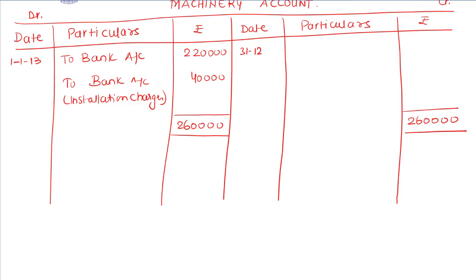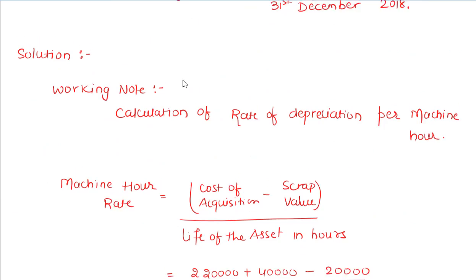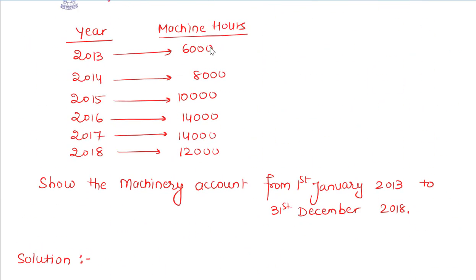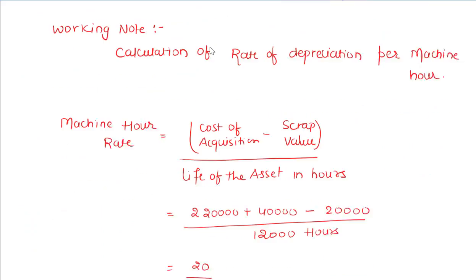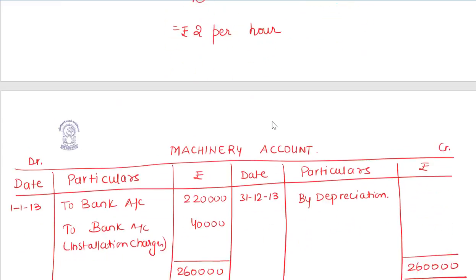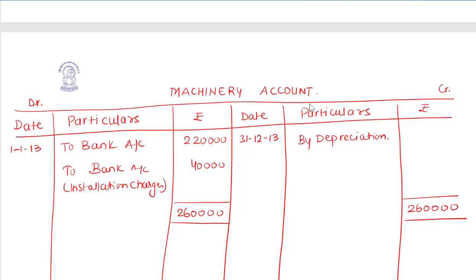Depreciation on closing date 31st December 2013. We are following the accounting year. By depreciation. So let us see for 2013 the usage of machinery: 6,000 machine hours multiplied by rupee 2 per machine hour.